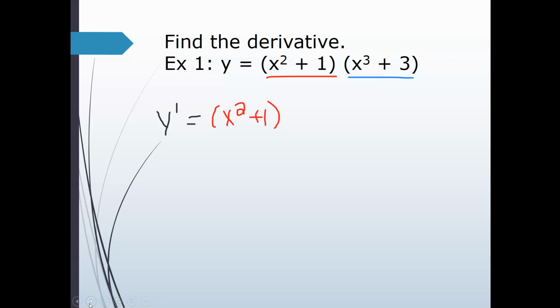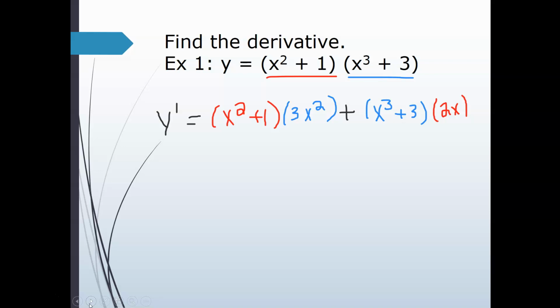So derivative of x cubed is 3x squared. Derivative of 3 is 0. So first times derivative of the second plus the second times derivative of the first. So derivative of x squared is 2x, and derivative of 1 is 0.